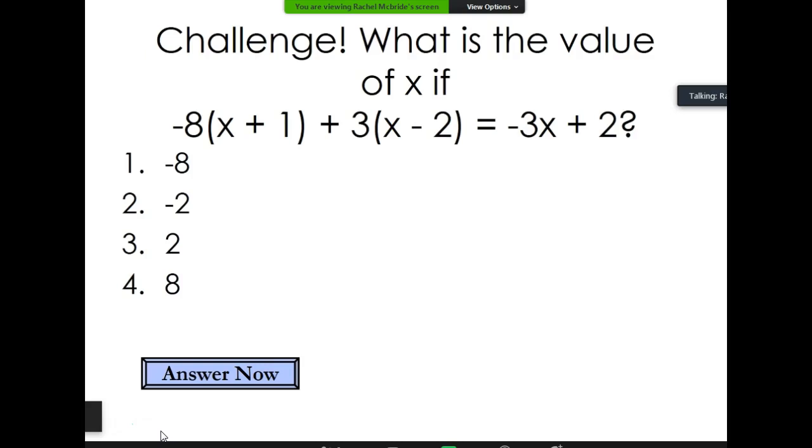Are you still working? All right, Sierra. All right, Landon. So we're kind of split. We got half of us with 1s and half of us with 2s. The correct answer is 1.